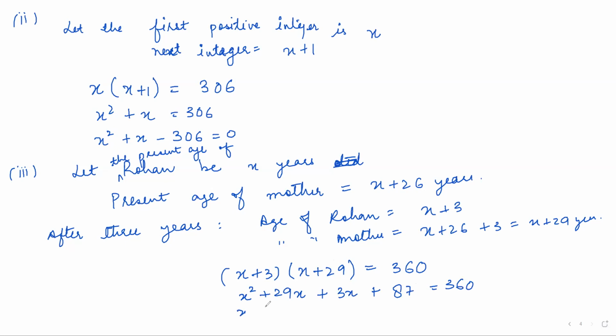Then you get x square plus 29 plus 3 is 32x, and then minus, how much is 360 minus 87? So 10 minus 7, 3. Then you have 17 minus x now 93, right? Minus 93 is equal to 0. That's the required quadratic equation.